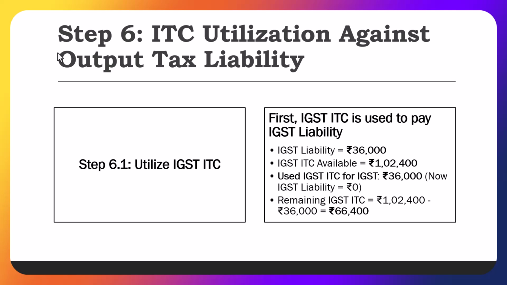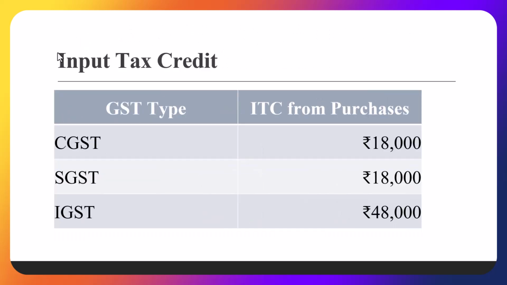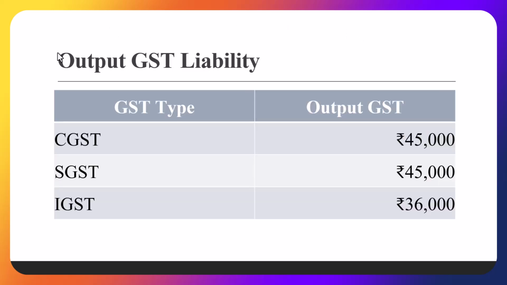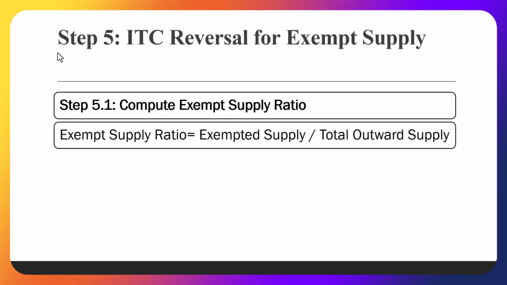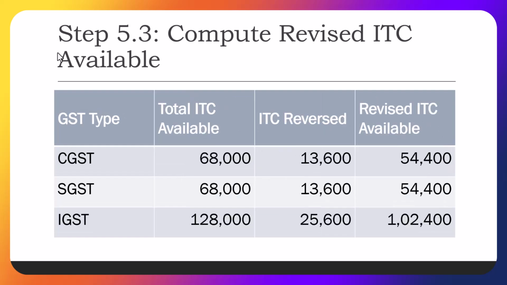Okay, so let's go one by one. First he has an IGST liability. If we go back here, this was the liability: 45,000, 45,000, and 36,000. So this was his liability. Now if you look here, this was CGST. How much is available? 54,400.